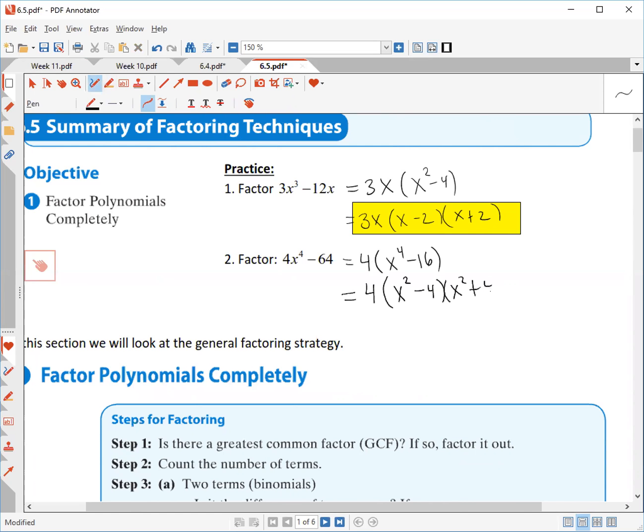So with the difference of squares, we add those and then we subtract those. But then we have another difference of squares there, x minus 2, x plus 2. And then the sum of two squares is always prime. So that one stays as is.